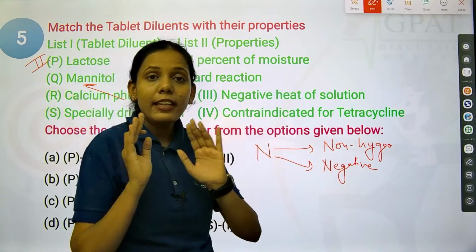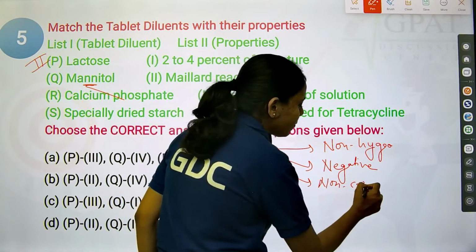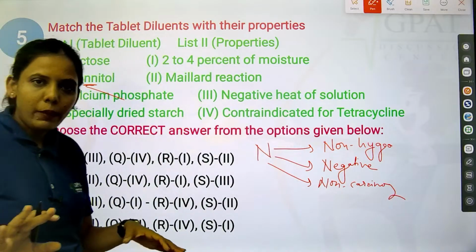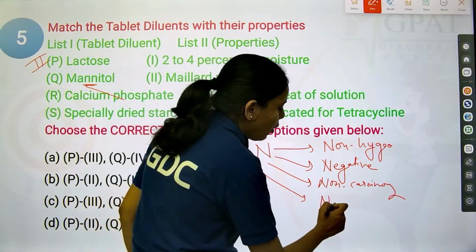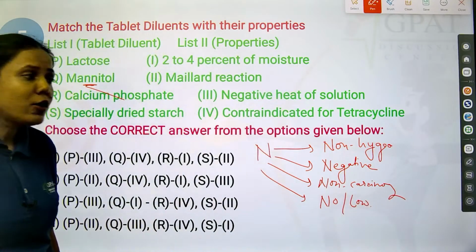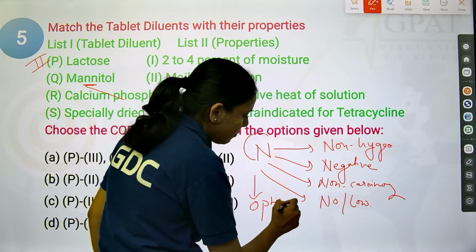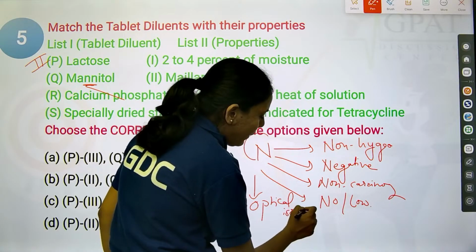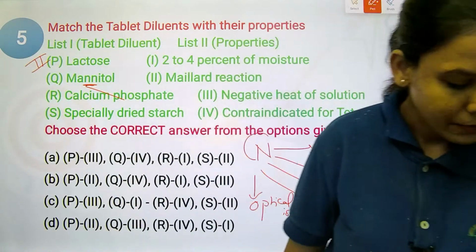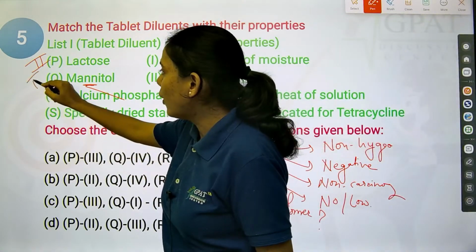Non-hygroscopic, non-carcinogenic, and it has low or no solubility. And can you tell me what is the optical isomer of mannitol? This you will have to tell. So mannitol is the third one.